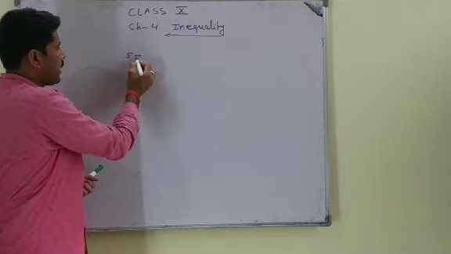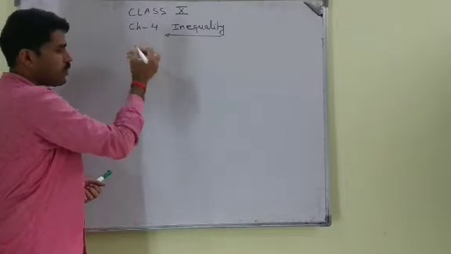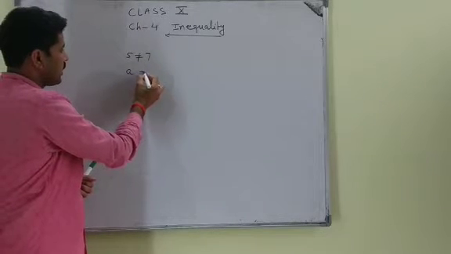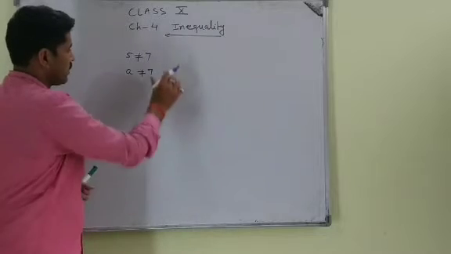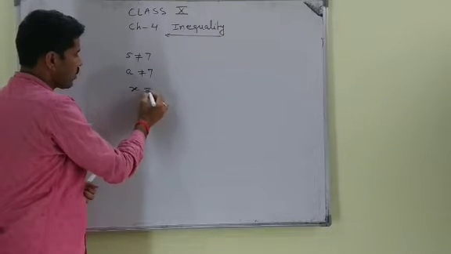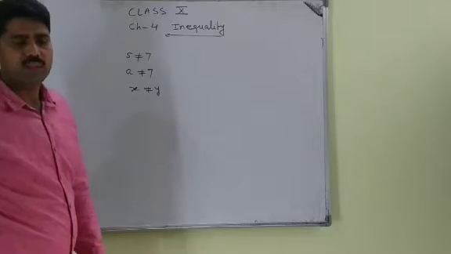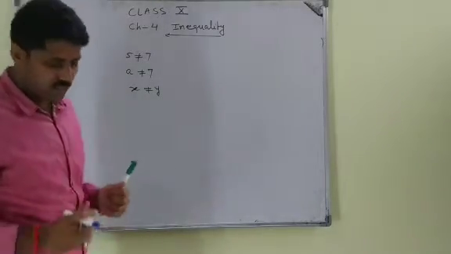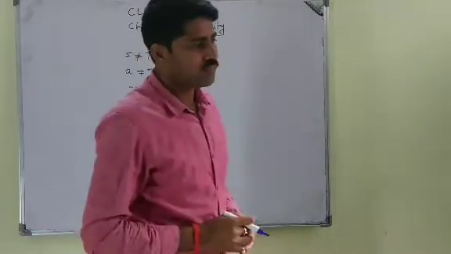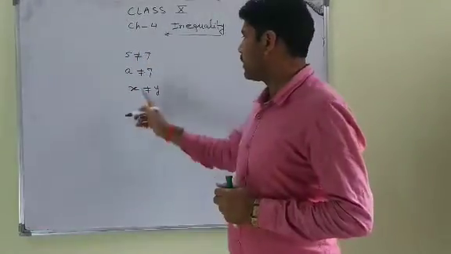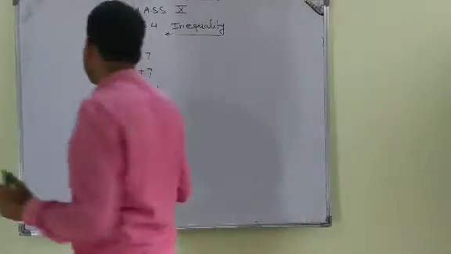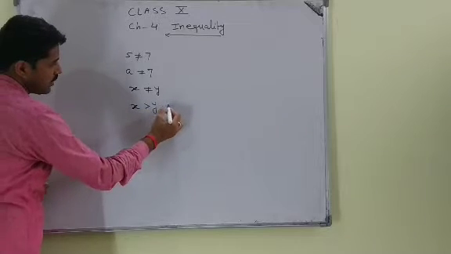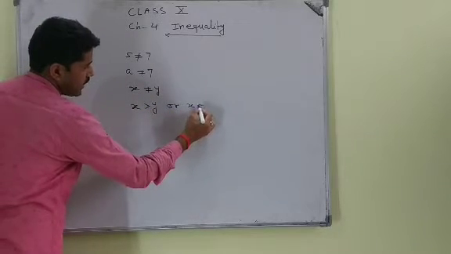For example, 5 not equal to 7, or A not equal to 7, or X not equal to Y. You just tell me, when X is not equal to Y, what are the possible relations between X and Y? Very simple. Only two relations. Either X greater than Y or X less than Y.